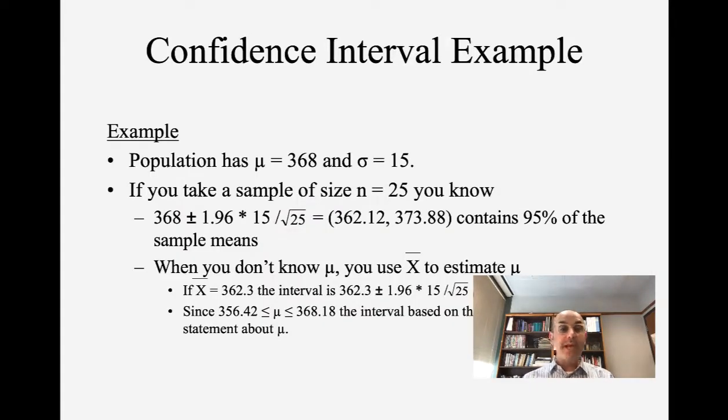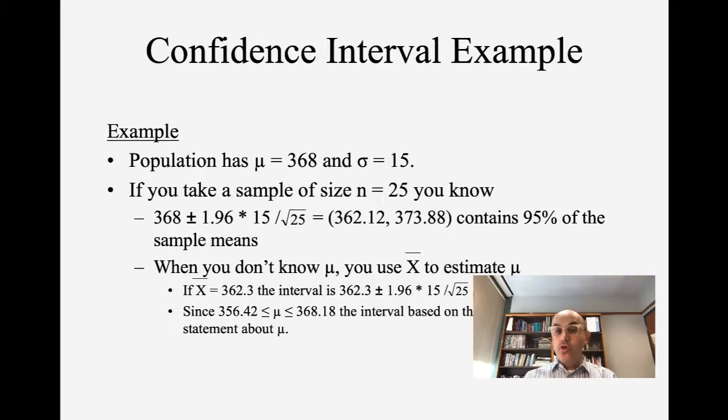An example: a population has a mu of 368 and a standard deviation of 15, and if the sample size taken is 25, we know that by applying the following formula, 368 plus or minus 1.96 multiplied by 15 divided by the square root of 25 will give us a 95% interval, which means that we are in the realm of the right thing to do to give the result.